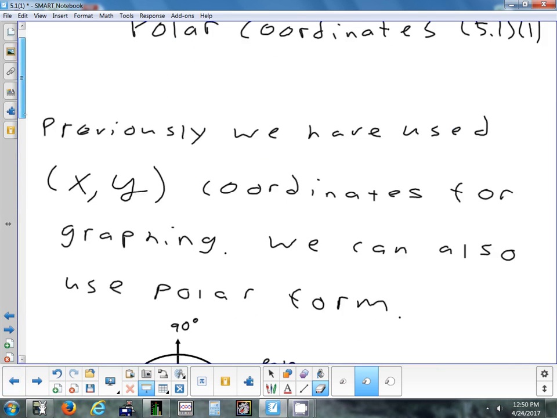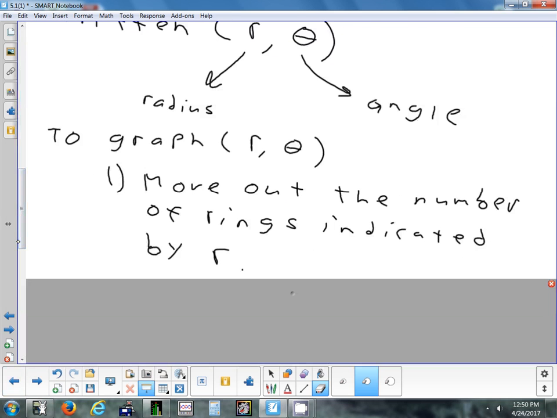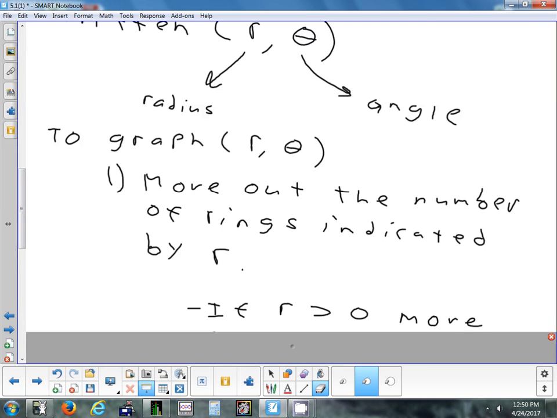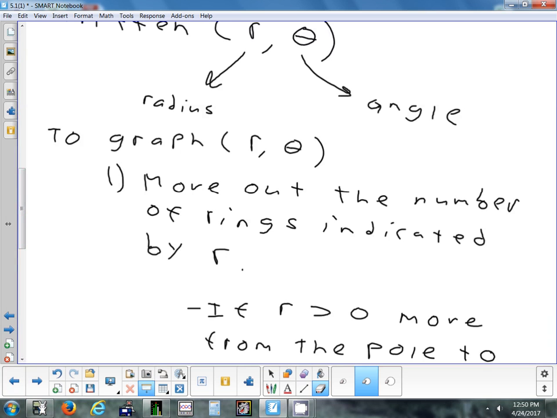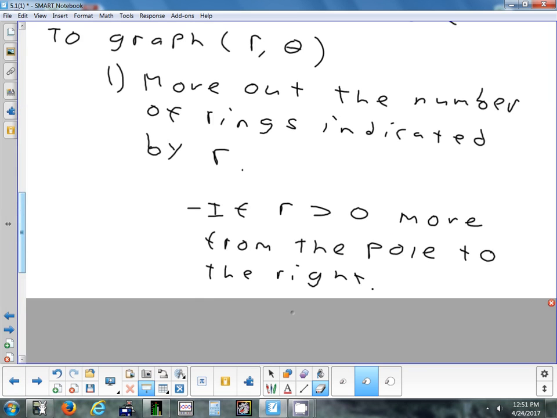But just like your x coordinate, even though this is not an x value, it's kind of like that in terms of the directions you can move. If your radius is positive, you're going to move from the origin to the right. How many units do you move? Whatever r is. You start at the origin, start at the pole, and you go to the right. What about if your radius is negative? What do you think you would do then?